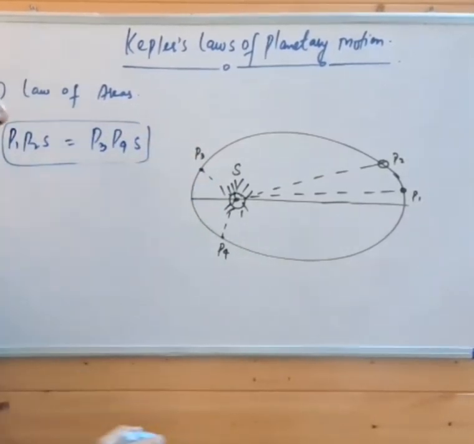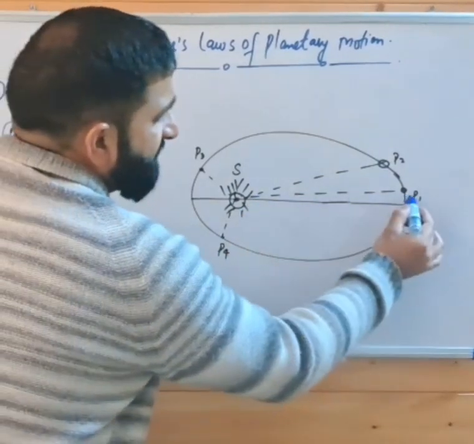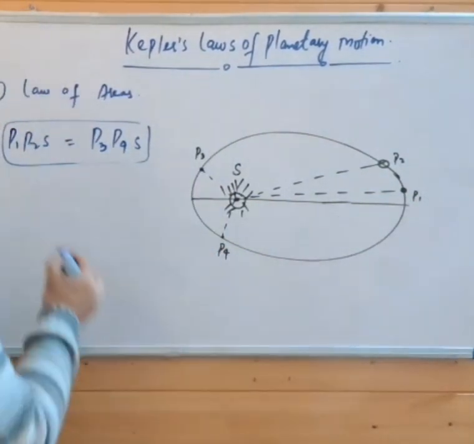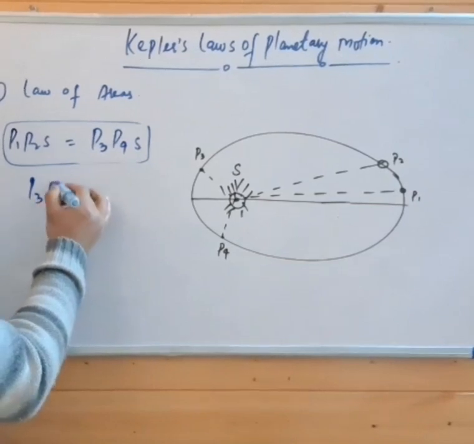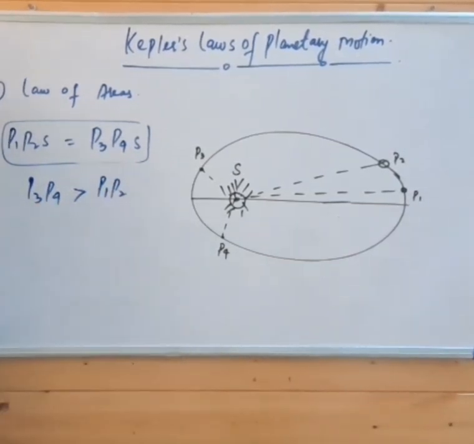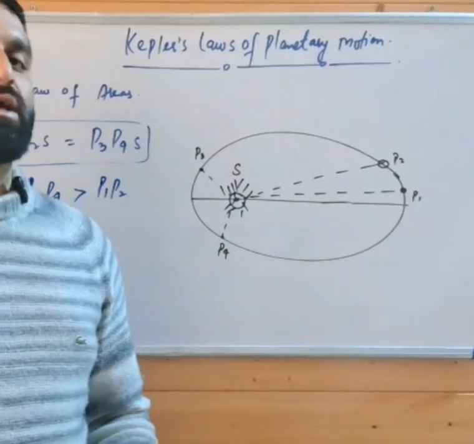Now we see that SP1 is greater than SP3. That means P3P4 is greater than P1P2 in order to keep the areas constant.